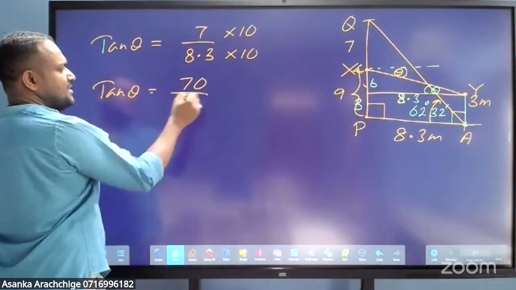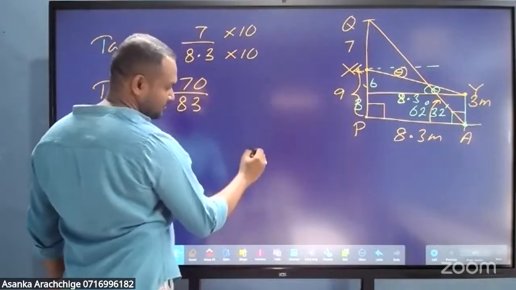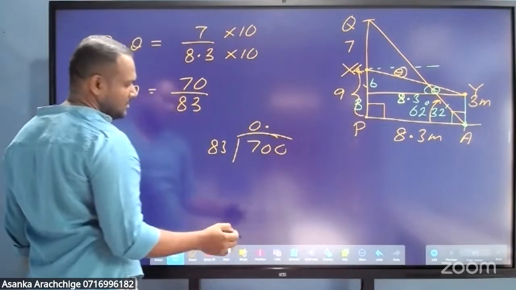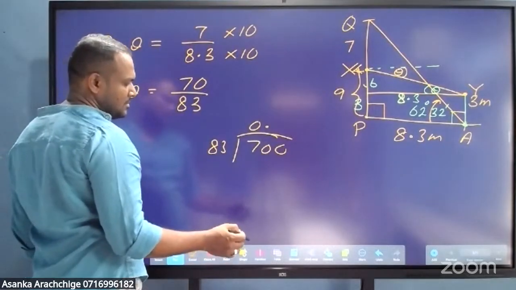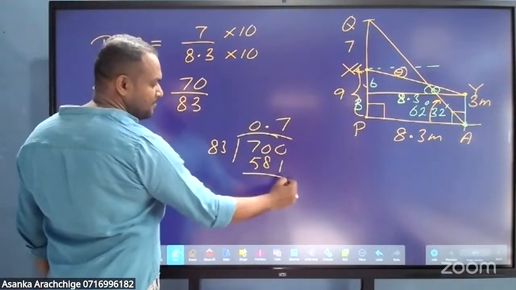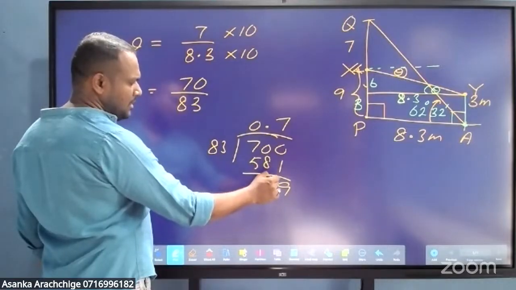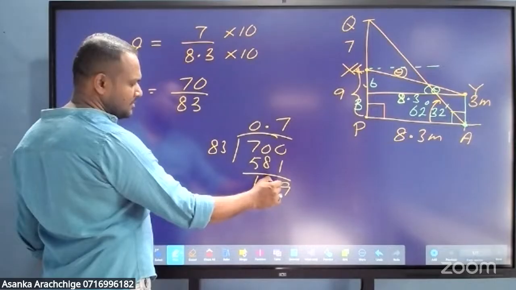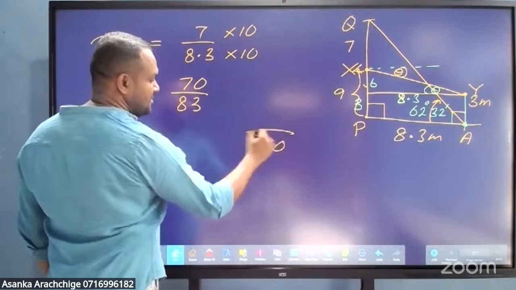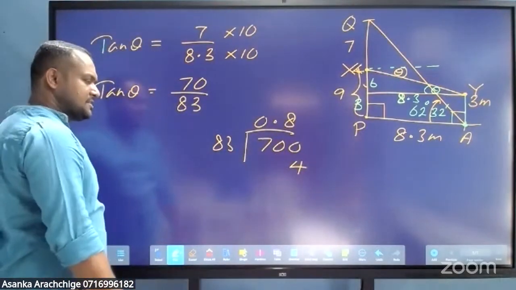Then that is equal to 70 division 83. 70 by 83, 0.708. 8 times 3, 24, 8 times 8, 64, 68.